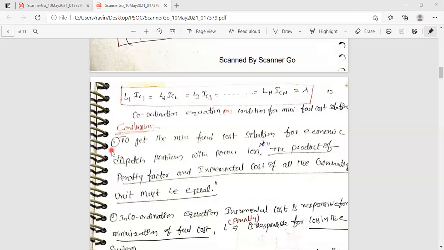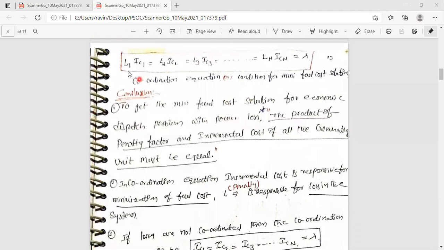Then only you get the minimum fuel cost for the entire economic dispatch problem with power loss, not without power loss. Without power loss means there is no penalty factor. With power loss means this is the formula: the product of penalty factor and incremental cost of all the generating units must be equal.